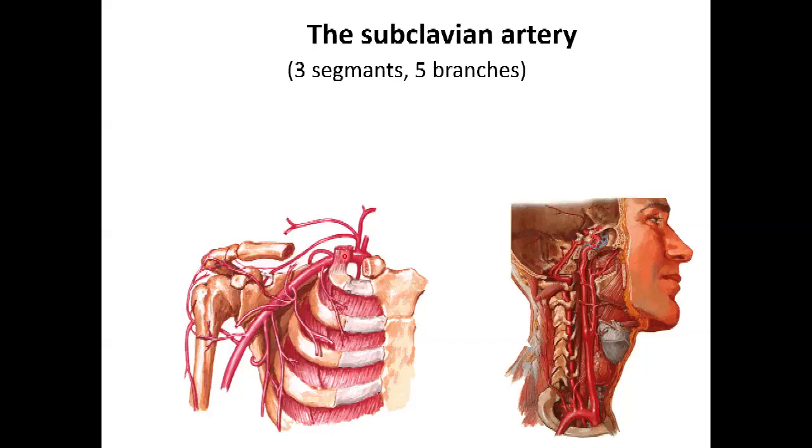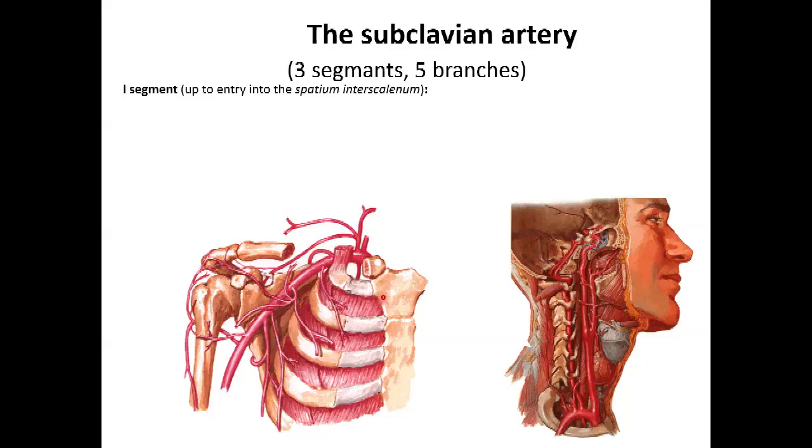So we can see that it is also like an arch which surrounds the first rib, and there are 3 segments.